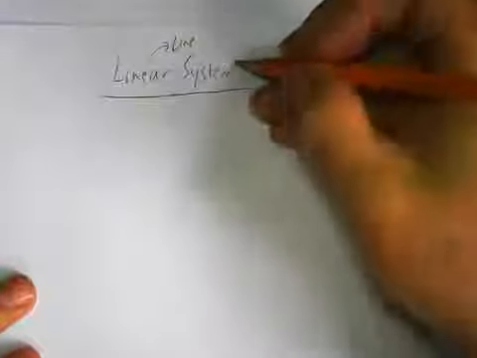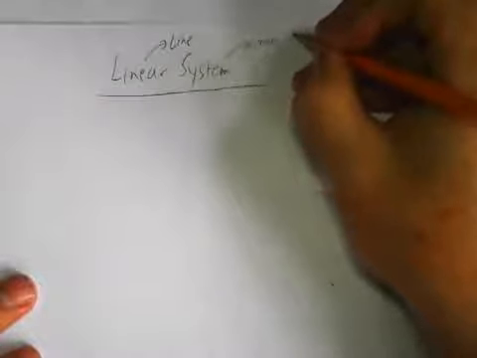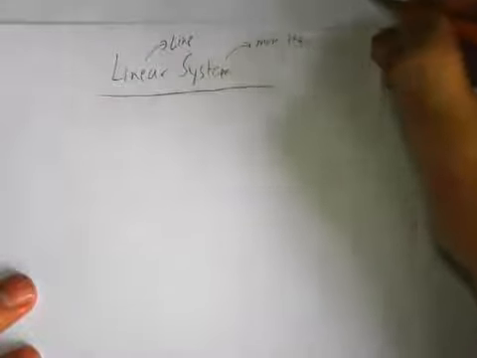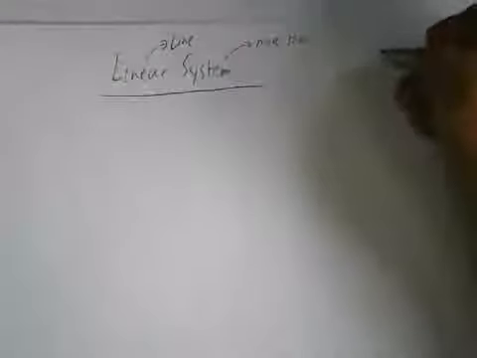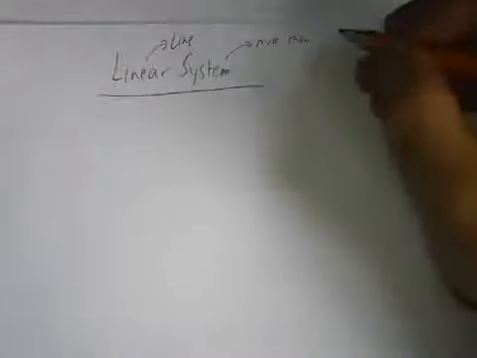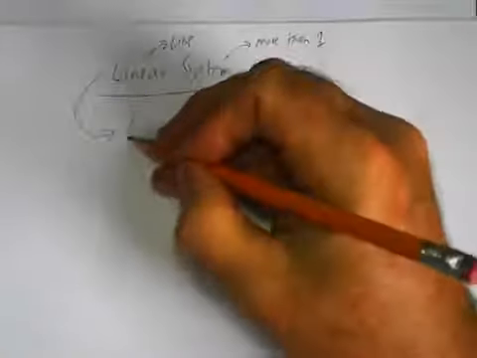If you were to graph a linear relationship, it would be a line, and a system means basically more than one. So if you have a system, it's got several things that interact with each other.